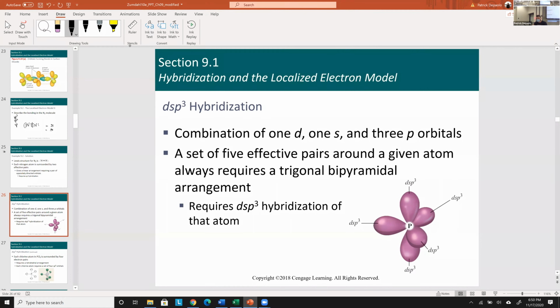And in this case, dsp3, how many letters do we have? d, which is 1, s, which is 2, p1, p2, p3, a total of 5 letters. That means you're going to have 5 bonds, which means your electron geometry, we'll write 5 electron groups.